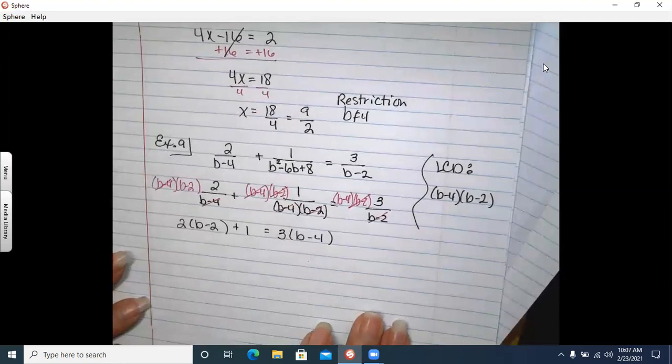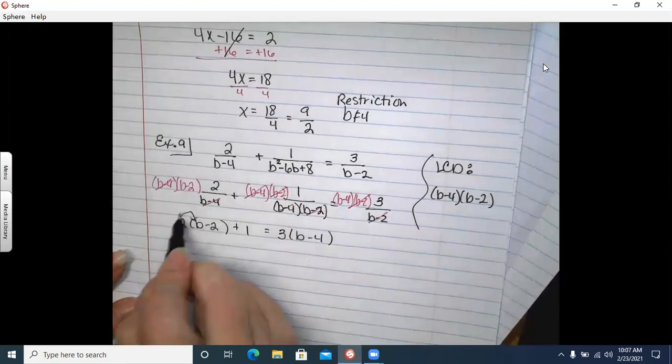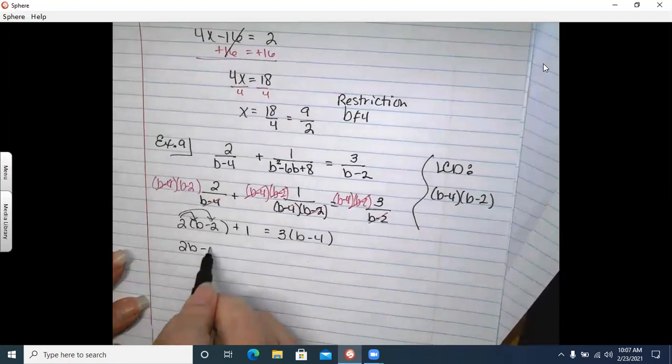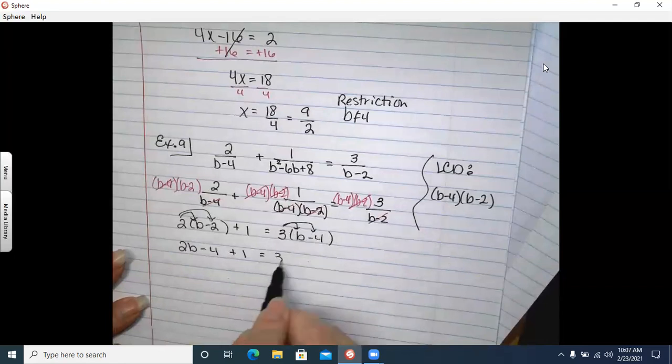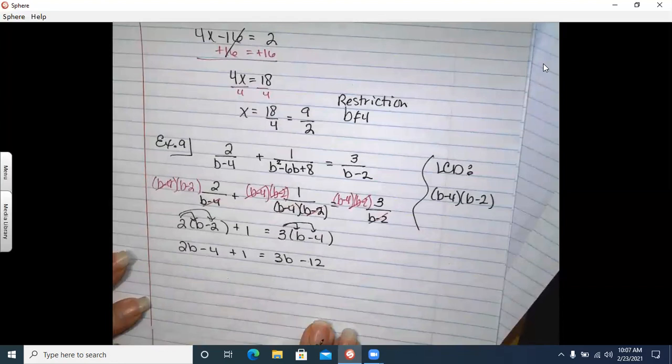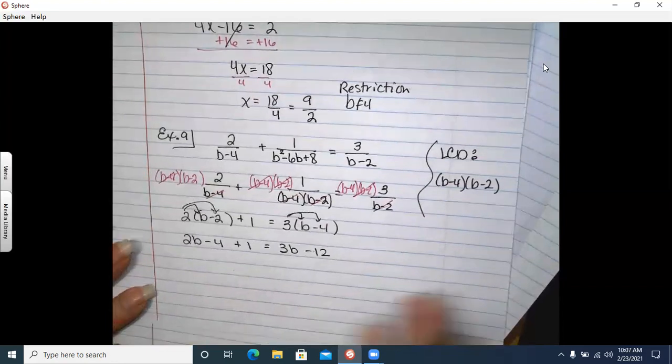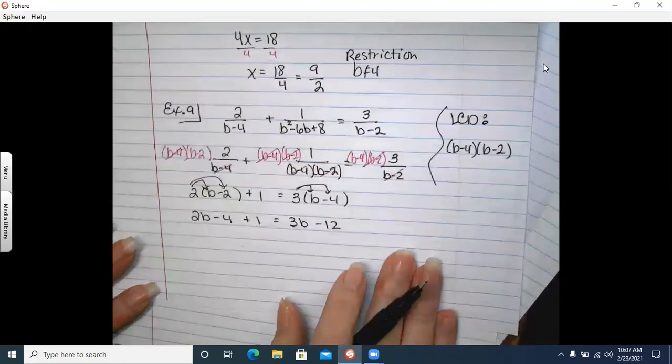Distribute. So I've got 2b minus 4 plus 1 equals 3b minus 12. Would y'all agree? Do I have any like terms on the left side that I could combine? Yeah. Negative 4 and positive 1 make what?